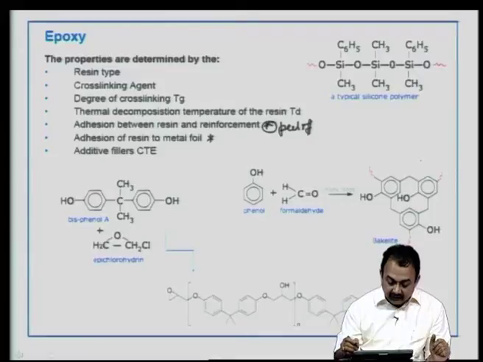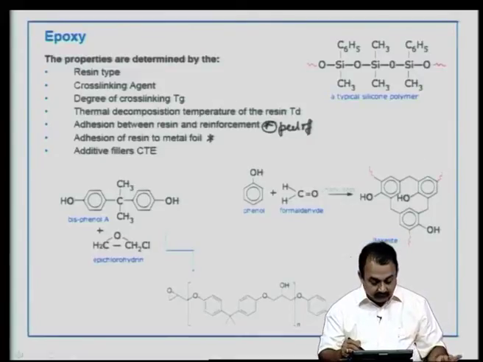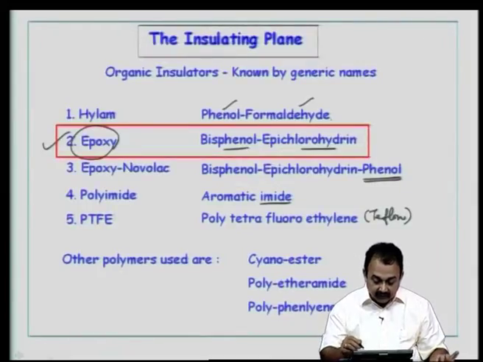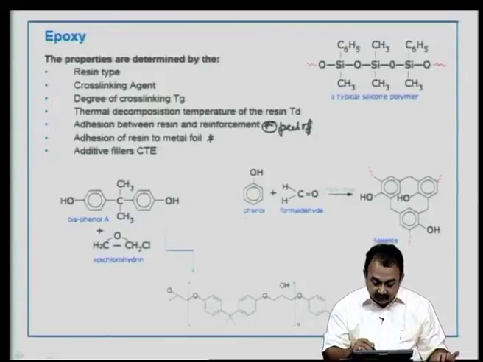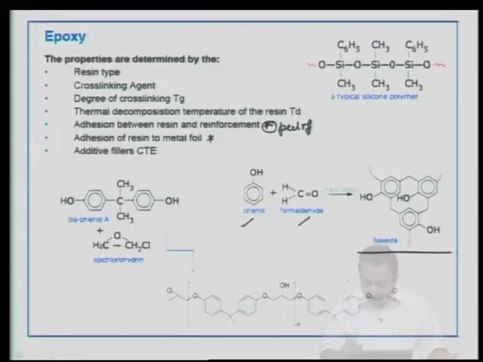Additive fillers will modify the CTE. In the previous slide, I talked about Hylam, phenol formaldehyde. So, you have the phenol plus the formaldehyde to give you a Hylam, commercial name bakelite structure. This is a typical silicon polymer. You can see the chains are repeated in the structure.